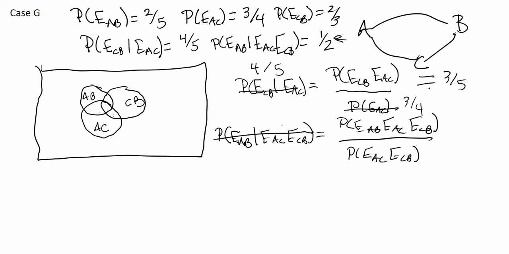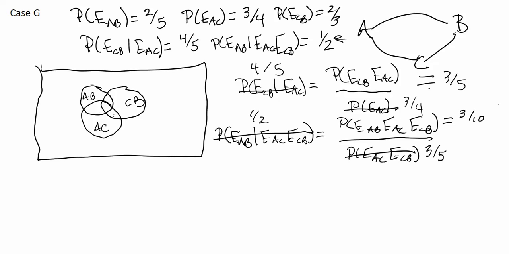So this one we were given as 1/2, and this one we just found to be equal to 3/4. Oops, I need to correct that. It wasn't 3/4, it was 3/5. It was our result up here. So that's 3/5. And now we just can get that this intersection of all three then is 1/2 times 3/5, or 3/10.